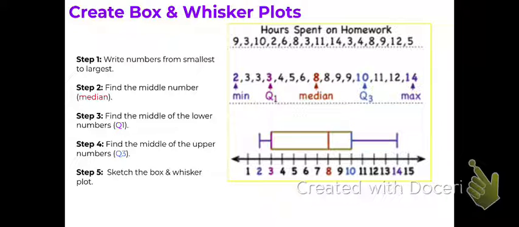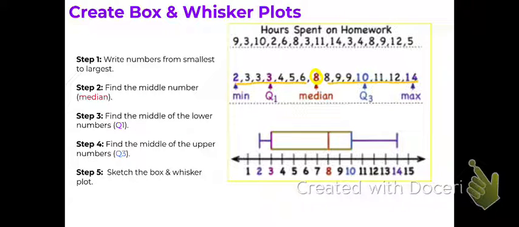Here, if I'm given this set of data and I want to make a box and whisker plot, you first want to write the numbers from smallest to biggest, and then count inward to find that middle number, the median. The median divides the data set into two parts. There's the numbers smaller than the median and the numbers bigger than the median.